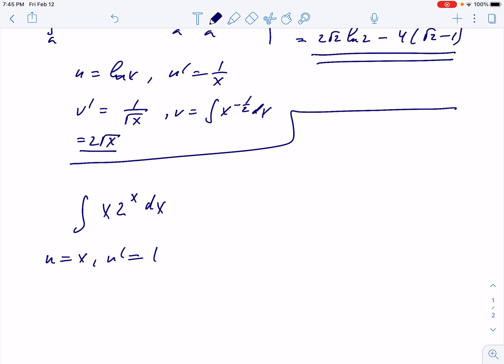If it's x squared, again you have u is x squared, and then you have to repeat the process twice. What about 2 to the x? That's practically exponential. So here v prime will be 2 to the x, v will be the antiderivative of this. And remember how we integrate this.